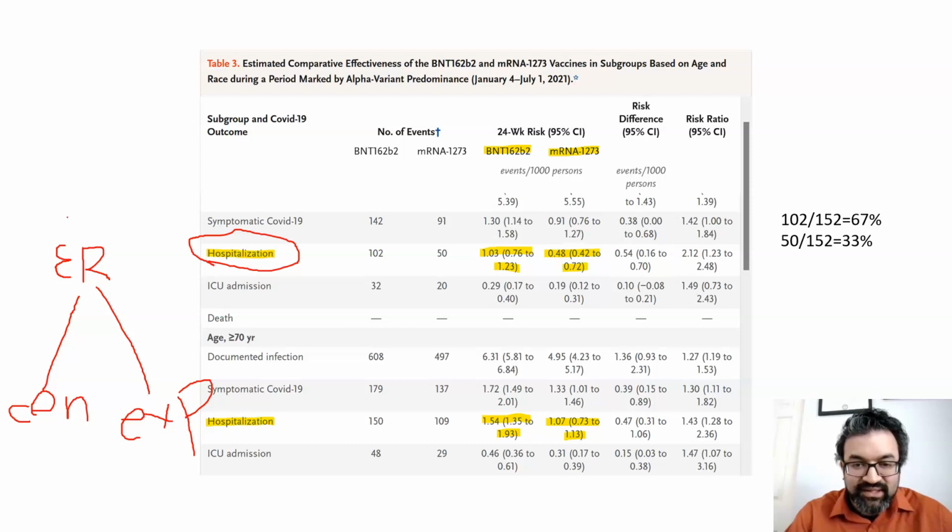So let's look at the percentages again. The control group we will designate as the BNT group. So this is BNT.